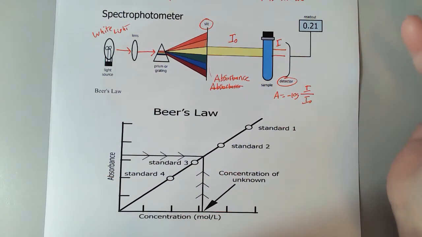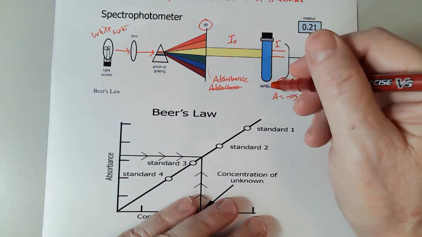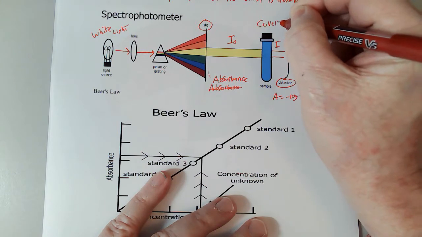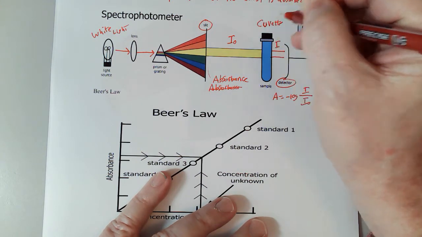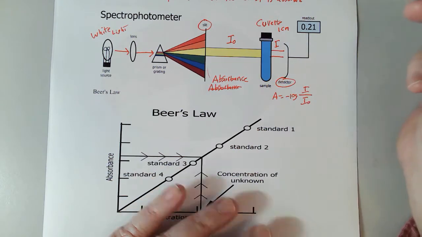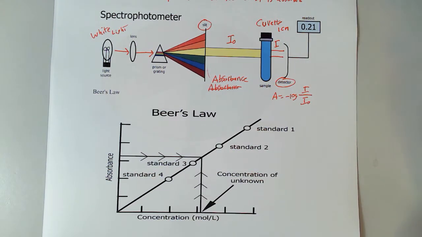Now, typically, historically, the sample container here, which we'll call a cuvette, C-U-V-E-T-T-E, is always 1 centimeter wide. I have seen ones that are bigger, but that's pretty much the standard for all modern instruments, so 1 centimeter.